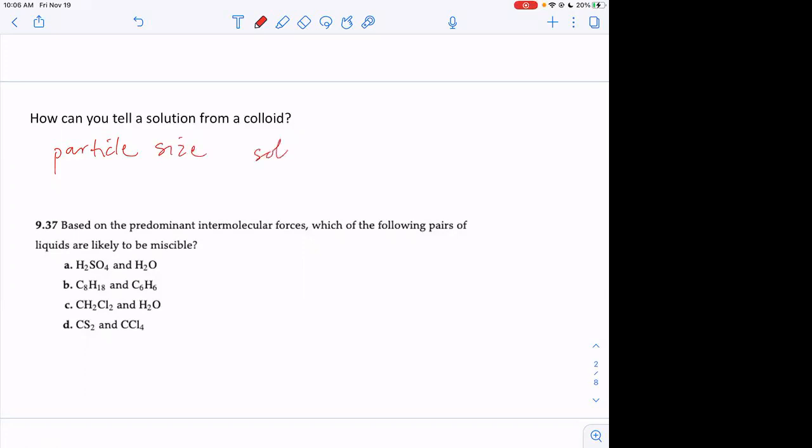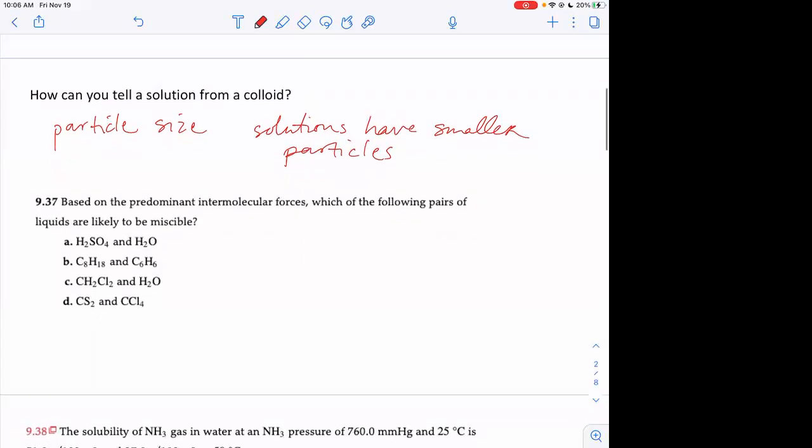Solutions have smaller particles or solutes dissolved in them than colloids. In colloids, the solutes that are dissolved are bigger. That makes sense? Okay.